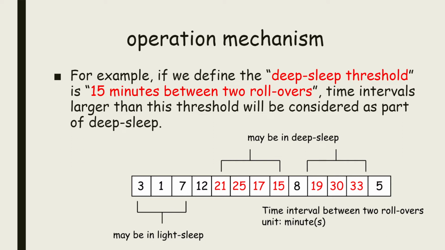Some research shows that humans roll over about 20 times a night. Therefore, for example, if a man sleeps 5 hours each night, since he often rolls over in light sleep but seldom in deep sleep, we can determine the deep sleep threshold as 5 hours divided by 20, that is 15 minutes.